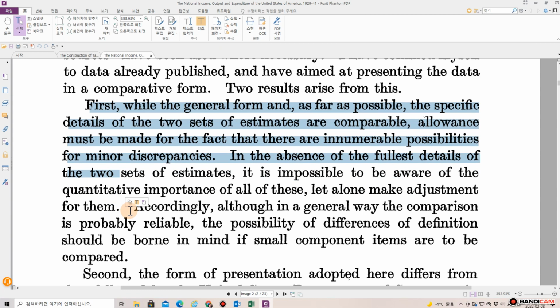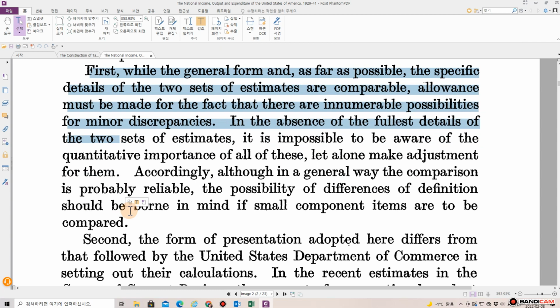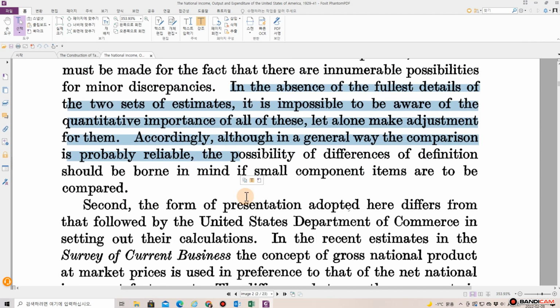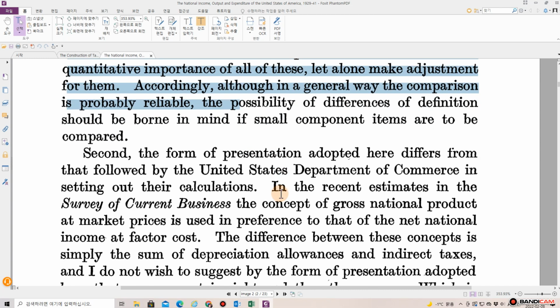In the absence of the fullest details of the two sets of estimates, it is impossible to be aware of the quantitative importance of all these, let alone make adjustments for them. Accordingly, although in a general way the comparison is probably reliable, the possibility of differences of definition should be borne in mind if small component items are to be compared.